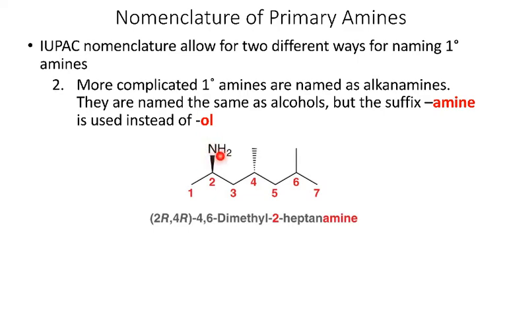In this case, it's the amine, and I'll talk in a minute about how the priority of amines fits in with the other functional groups that we've looked at, but it has a higher priority than the alkyl groups. So if we were to go through and determine the stereochemistry, we would see that both of these chiral centers are R, and so this would be 2R, 4R, 4,6-dimethyl, and then we give the position of the amine just like we would in alcohol, and so this is 2-heptanamine.